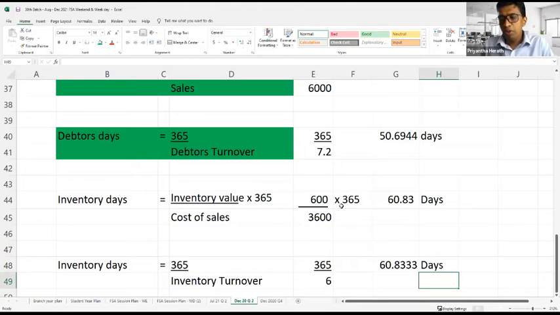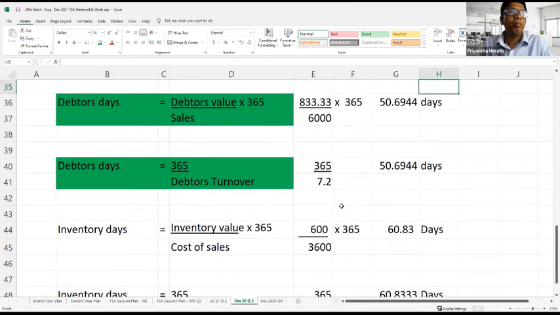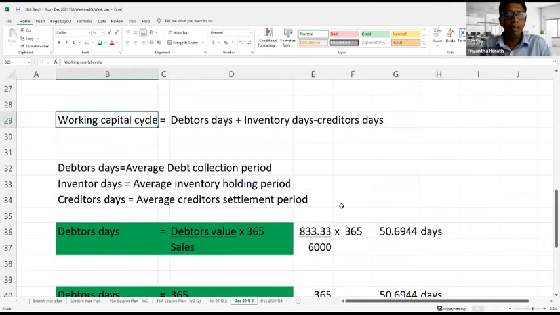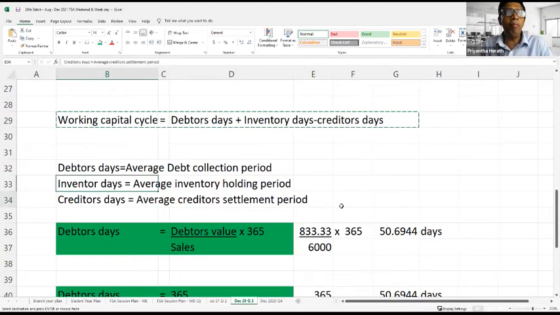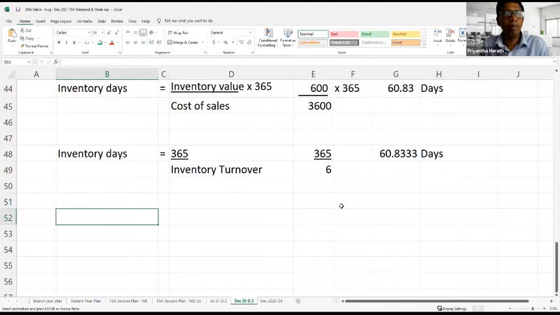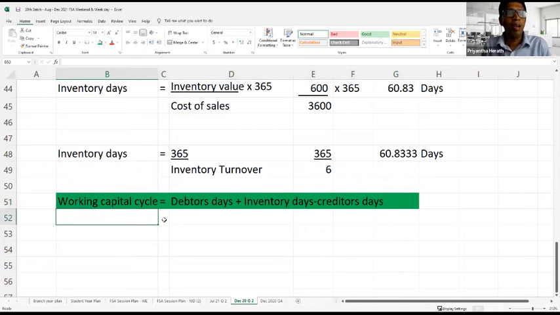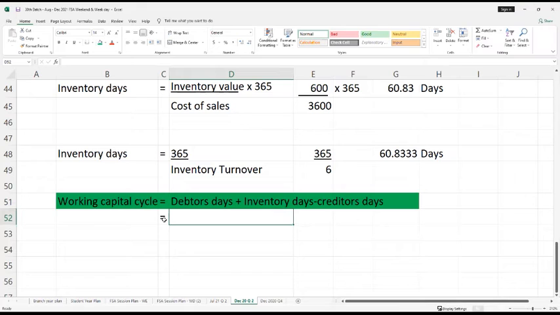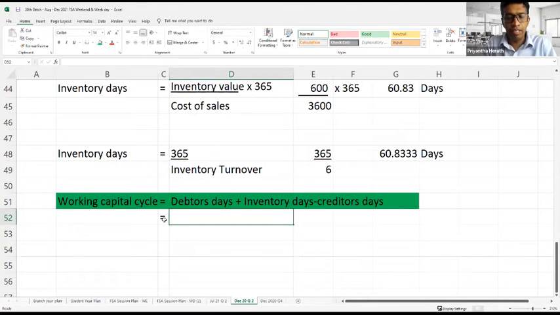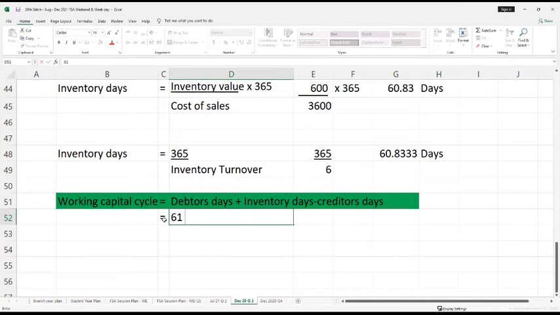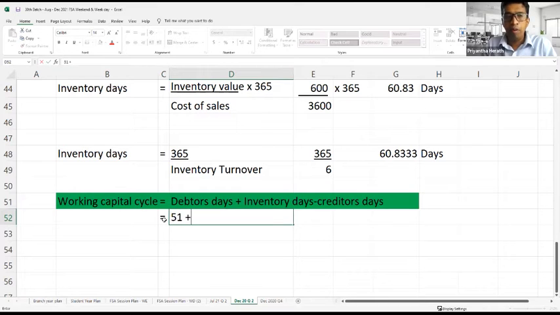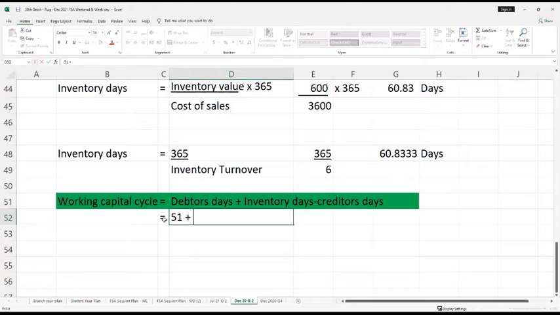Right. So why did we estimate all these days? We need to estimate the working capital cycle. Now we know debtors days, 51, plus inventory days 61, minus 35.